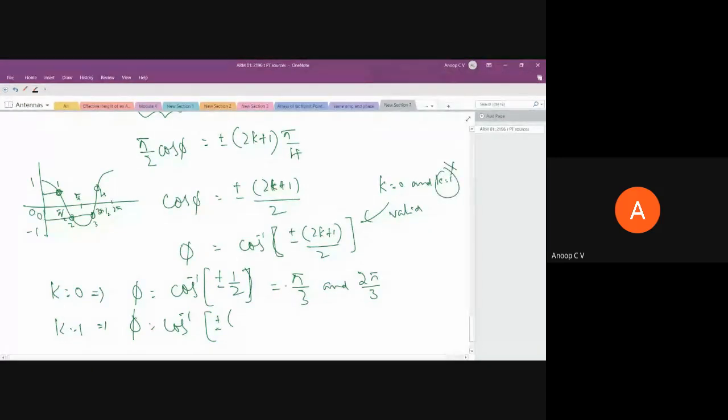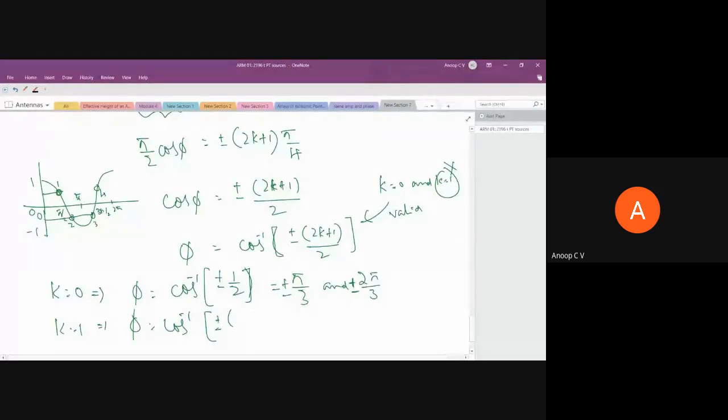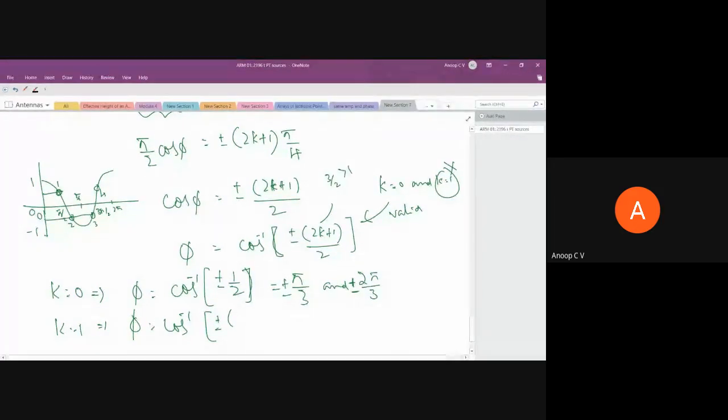So it will be plus or minus pi by 3 and plus or minus 2 pi by 3. For plus and minus pi by 3, we will have magnitude equal to half. I told k equal to 1 and k equal to 0, but for k equal to 1 this will be 3 by 2, which is greater than 1. Cos cannot take a value greater than 1, so it's not valid. So k equal to 1 is not a valid case.